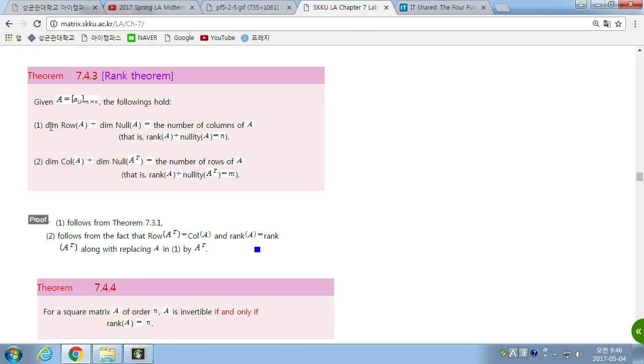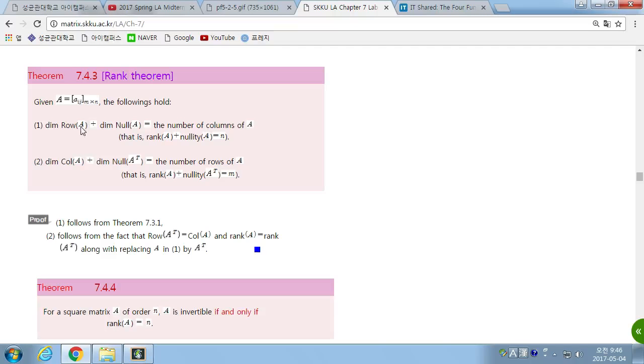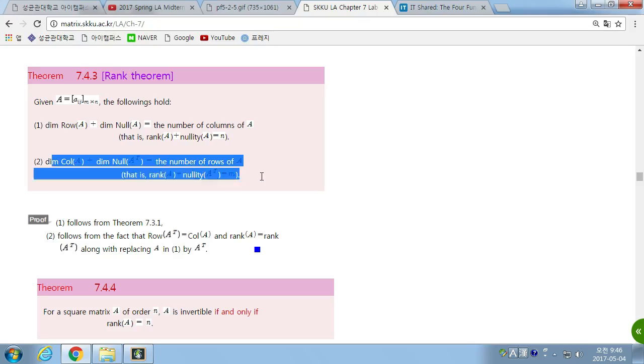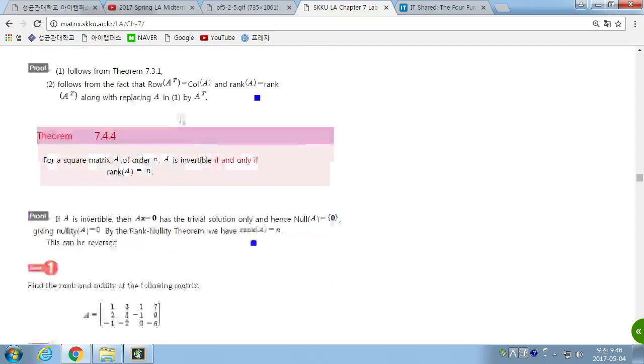If we use the same theorem for A transpose, whose size is N by M, then we have the following theorem. 무슨 말인지 알죠? 랭크 널리티 theorem이 모든 행렬 A에 대해 성립하는 거 아니야? 그러니까 A 트랜스포즈에 대해서 그냥 쓰면 컬럼의 개수는 로우의 개수로 바꾸고 A 트랜스포즈의 로우 스페이스는 A의 컬럼 스페이스하고 똑같으니까. Okay.